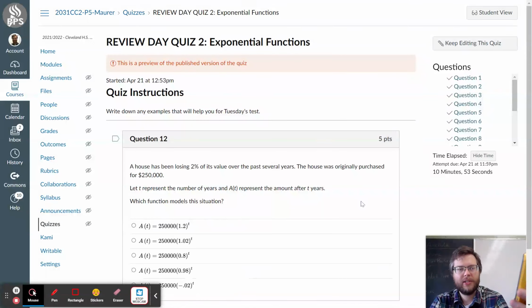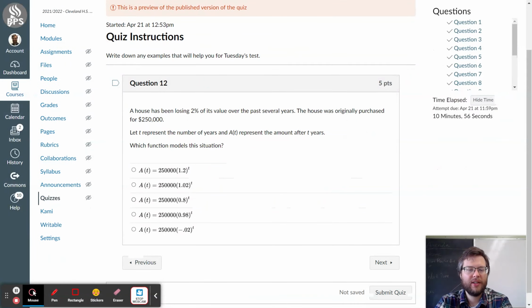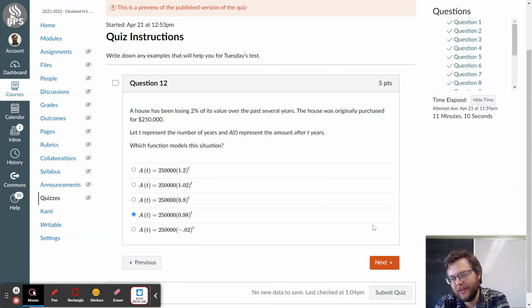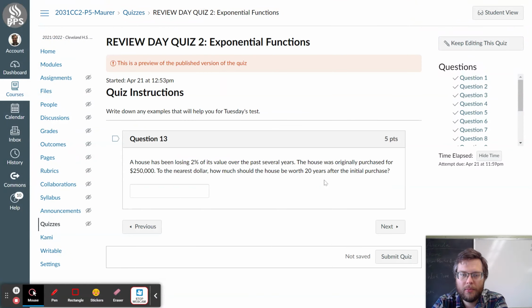Okay. House has been losing 2% of its value, so that means it's keeping 98% of its value. That's 100 minus 2%. So that's the one I want to use here, where it starts with 250,000 and it keeps 98%. That's the 1 minus 0.02 idea. Moving along, same idea here, 20 years after its initial purchase, we type in 250,000 times 0.98 raised to the 20th.